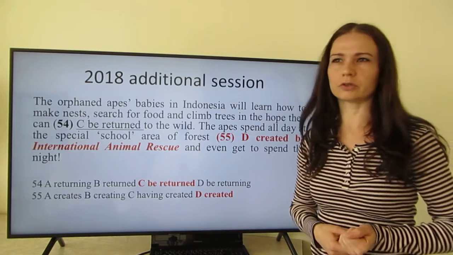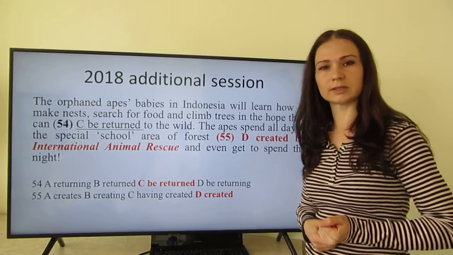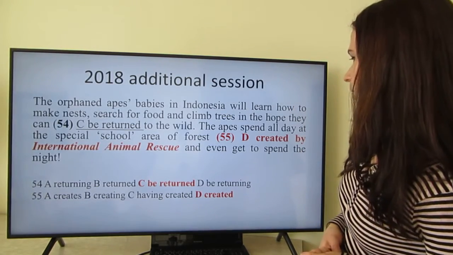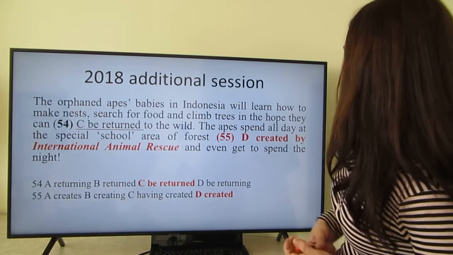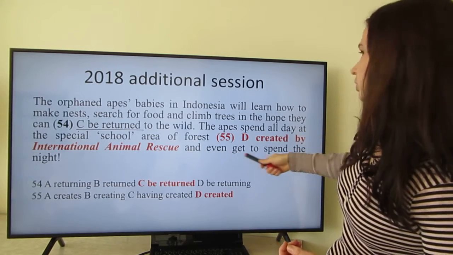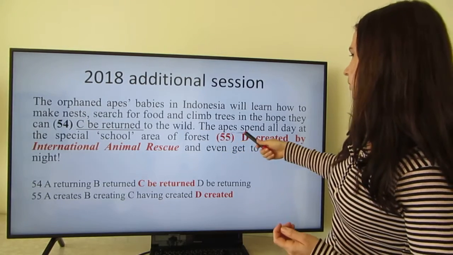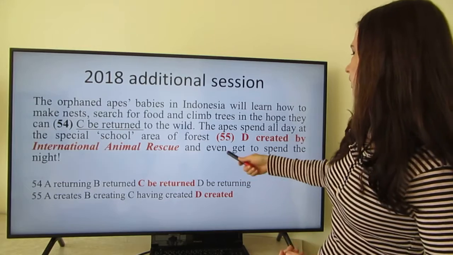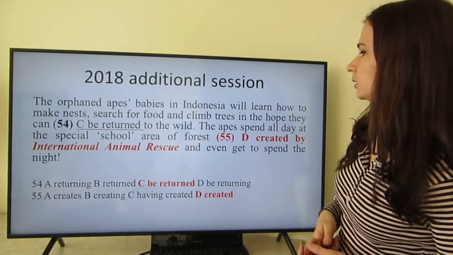Again, if we consider this complex sentence, let's define where the main clause is. Apes spend all day and get to spend the night. Apes, it's the subject. They do what? Verb. Spend, and they get to spend the night.